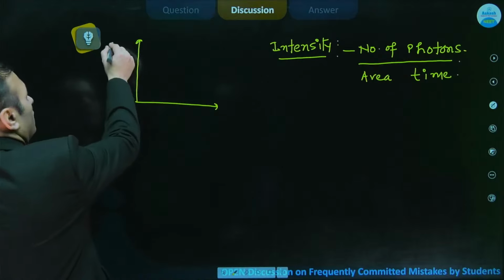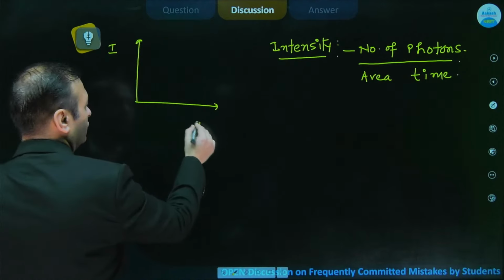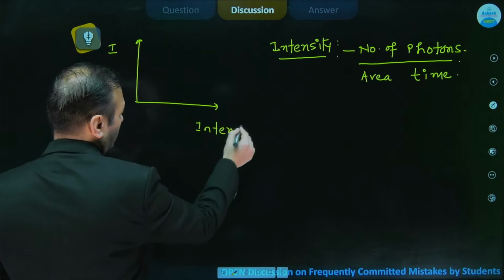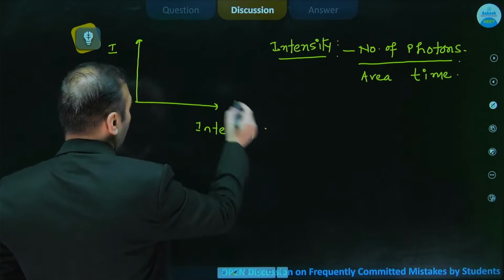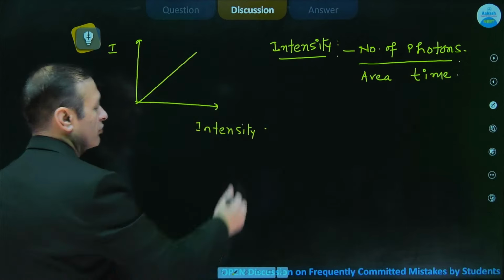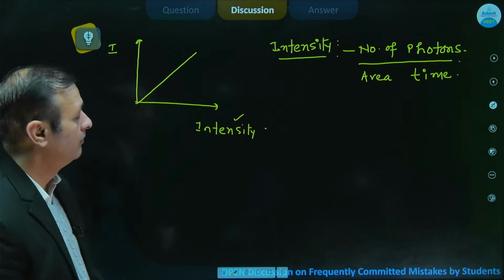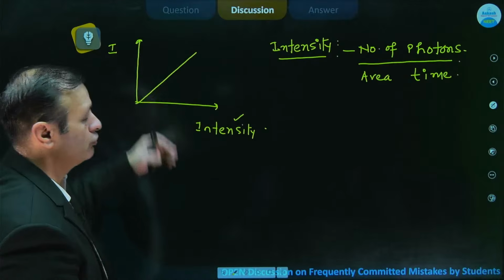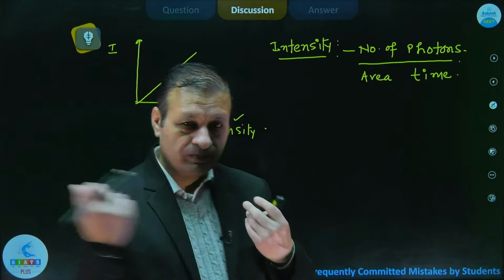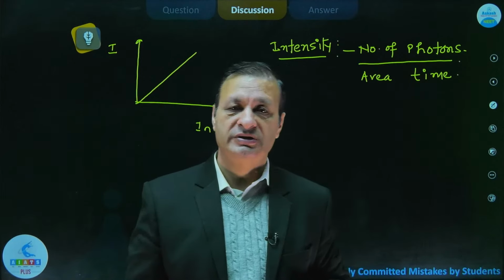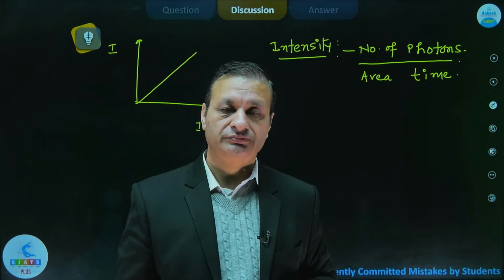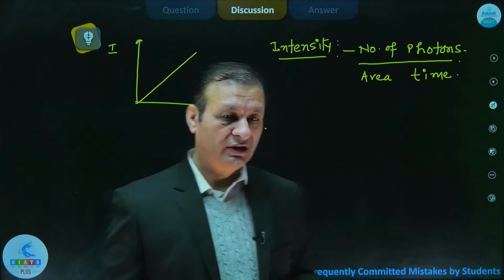So photoelectric current with respect to intensity is directly proportional, because more photons means more intensity, and that would help you to emit more photoelectrons, which would contribute to your photoelectric current.